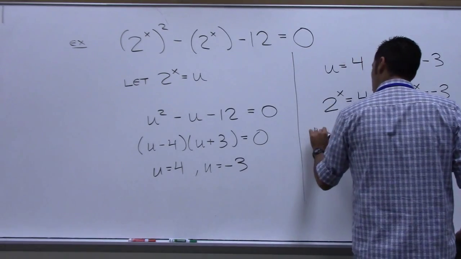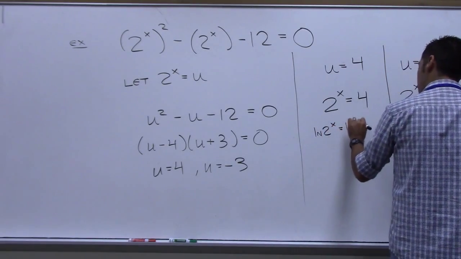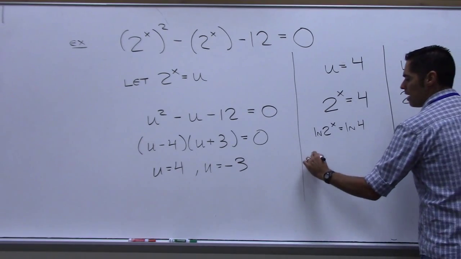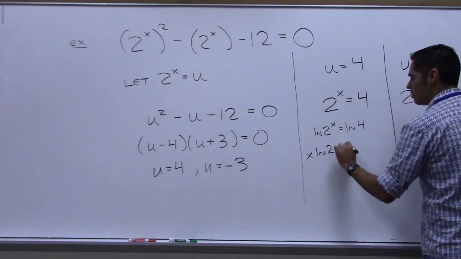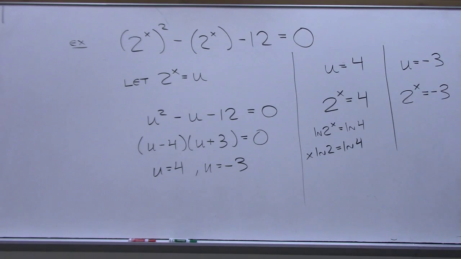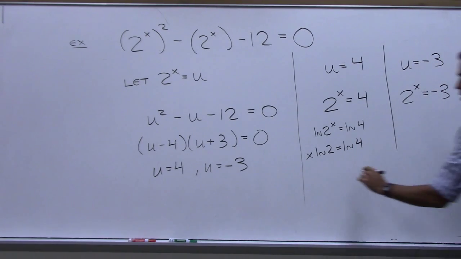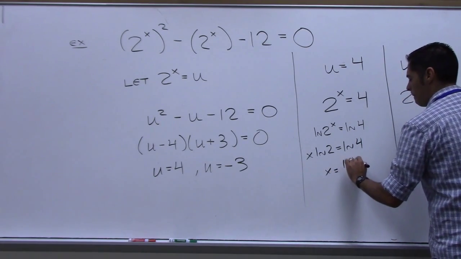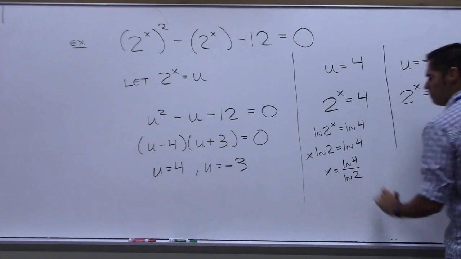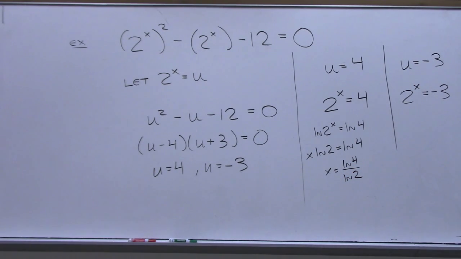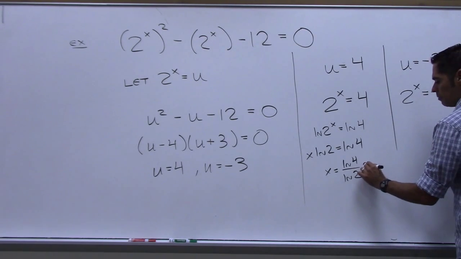So here, natural log of 2 to the x equals natural log 4, which means x natural log 2 equals natural log 4. And divide both sides by natural log of 2. And then you do that on your calculator, you should get something really close to 2.